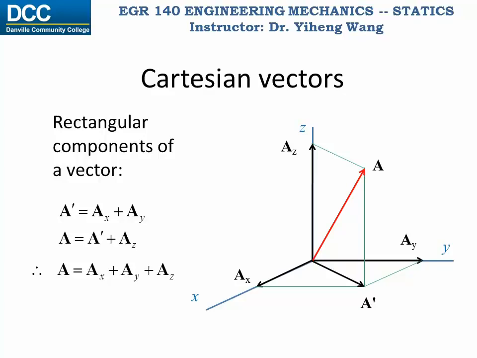Then we can apply the parallelogram law again to resolve vector A prime into the two components AX along the x-axis and AY along the y-axis. We can prove that A equals to AX plus AY plus AZ, and therefore AX, AY, and AZ are the three rectangular components of vector A.